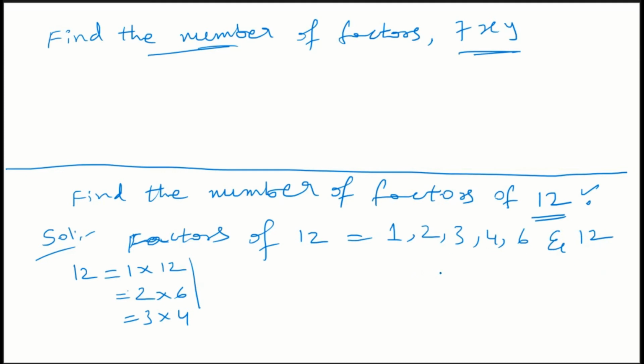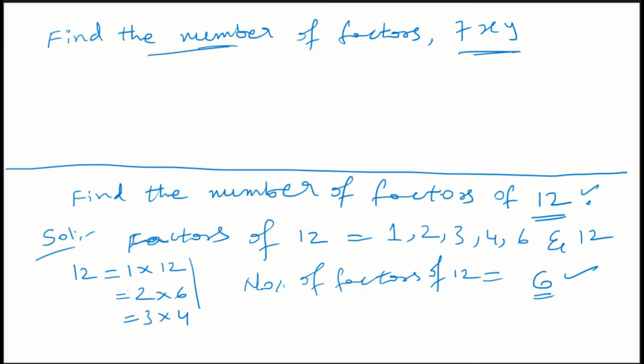So now if you want to find out how many factors are there, you can count. So the number of factors of 12 is 1, 2, 3, 4, 5, 6. There are 6 factors. Now is there any short technique to find the number of factors?